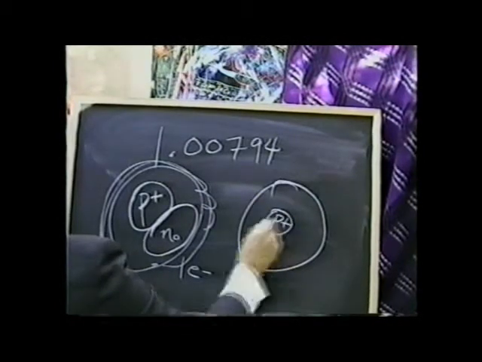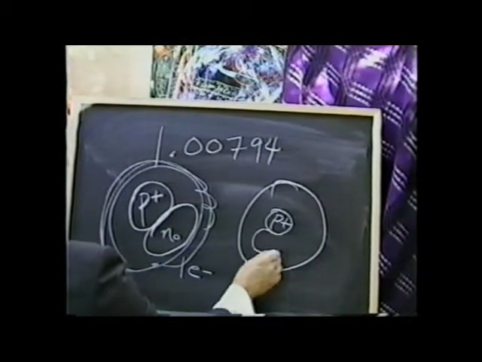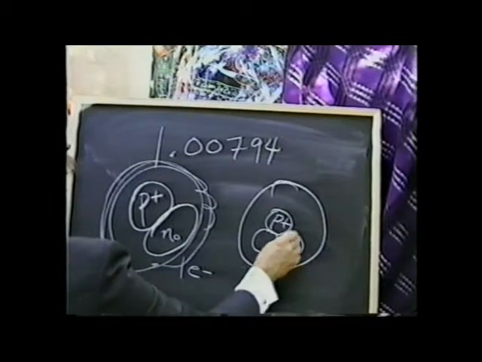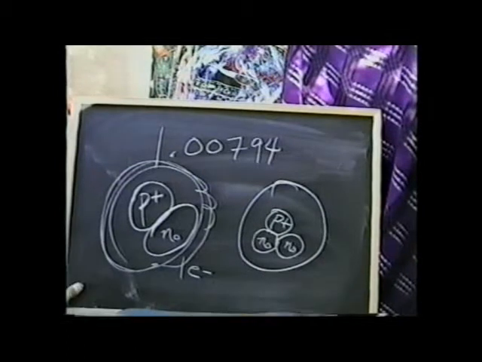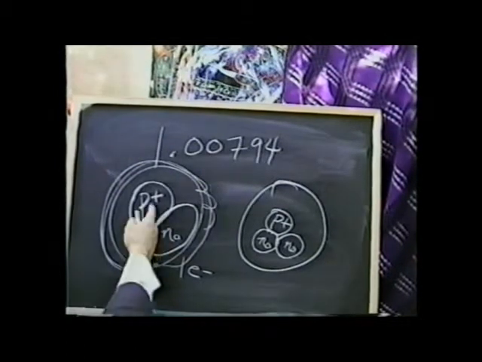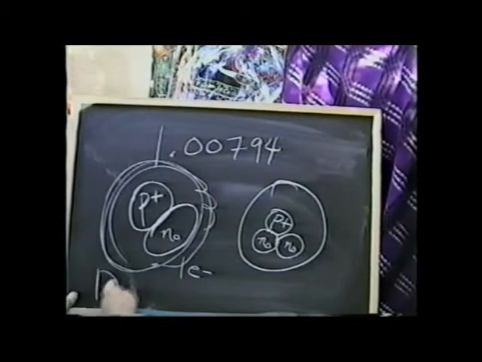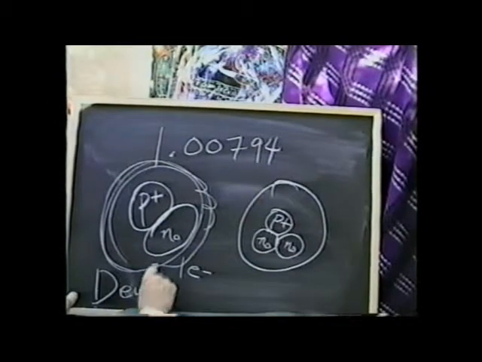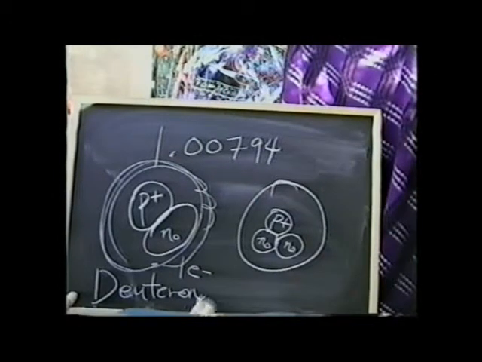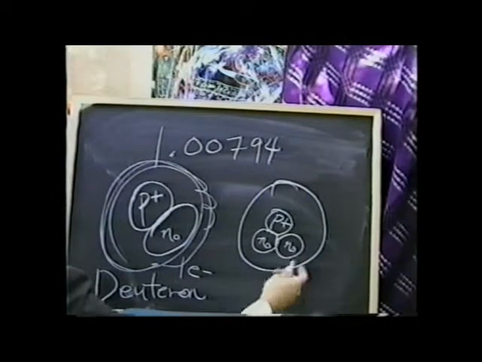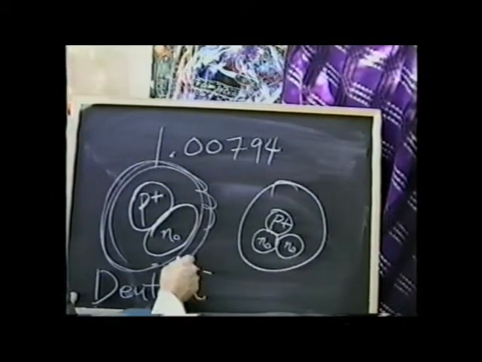It has to have one proton. But what we find is it has two neutrons. Two particles here is why this is called deuterium. And three particles, because the electron hardly weighs.